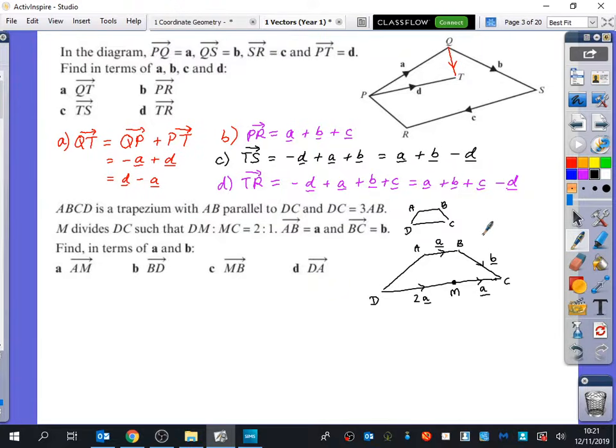I'd like you to just very quickly work out A, B, C, and D, and then we'll come back together and work those out. Now you've got the diagram, see if you can work out what those ones are.